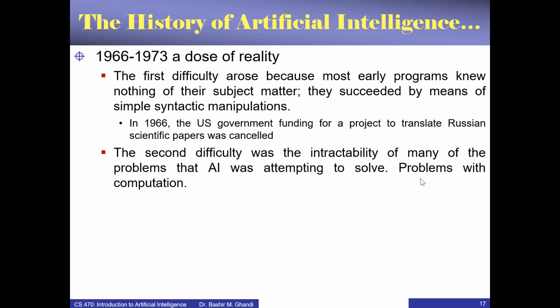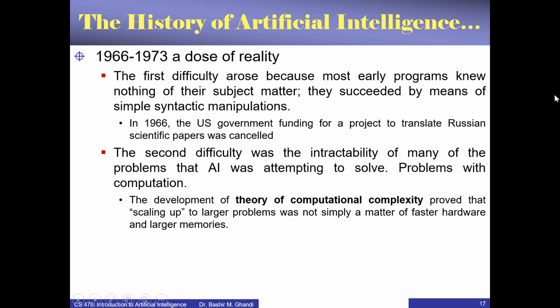Too much computer resources are needed. This was discovered after the theory of computational complexity was developed. Initially they thought the small programs they were developing could be extended to solve larger problems by simply developing faster computers with more memory.